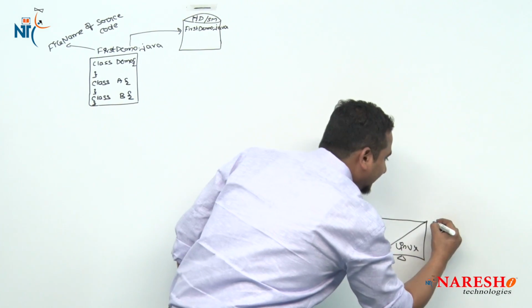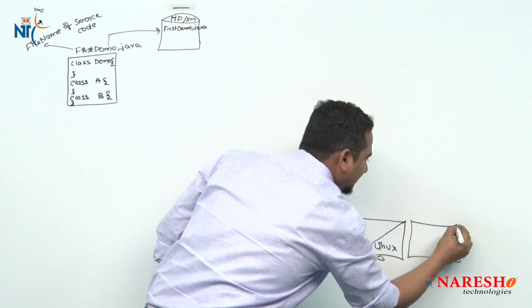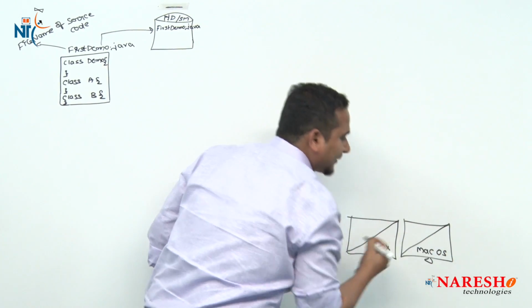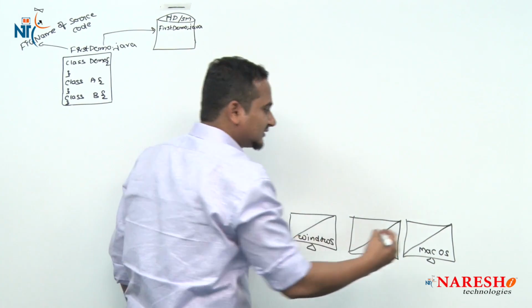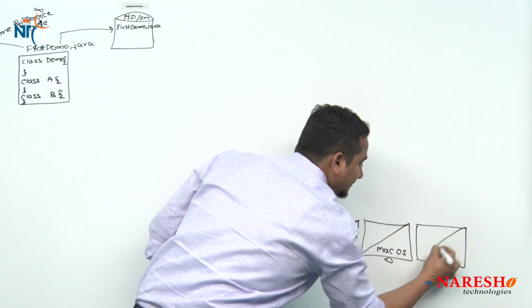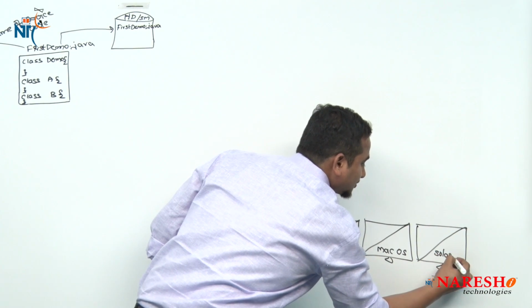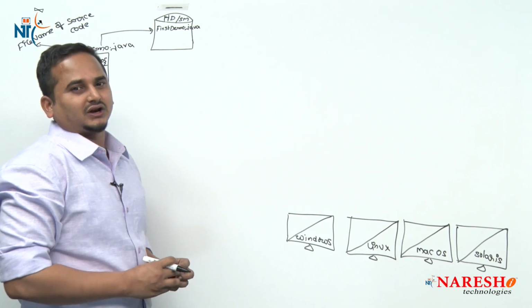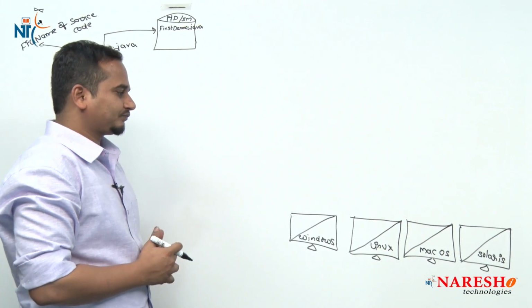And also I am taking one more machine, and in that machine I have one more operating system like Mac OS. After that, in one more machine, I installed the Solaris operating system.